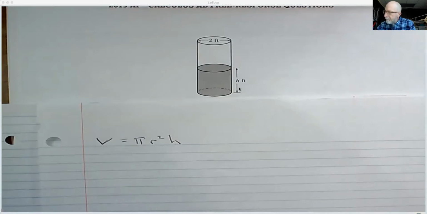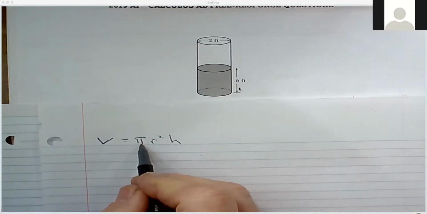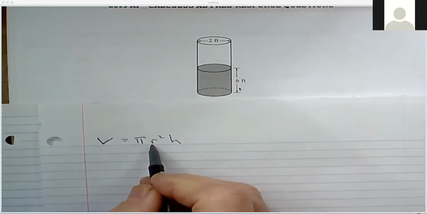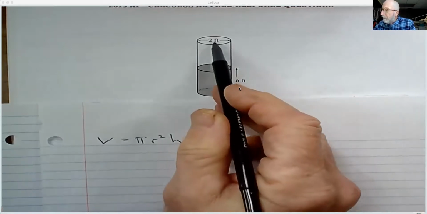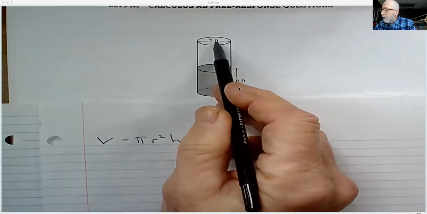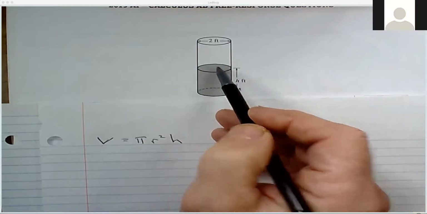Yes. Pi doesn't change, correct? Is the radius changing? No, it's a constant. The radius, whether it's full or down here, is going to be the same, correct? It's constant. What is that constant?